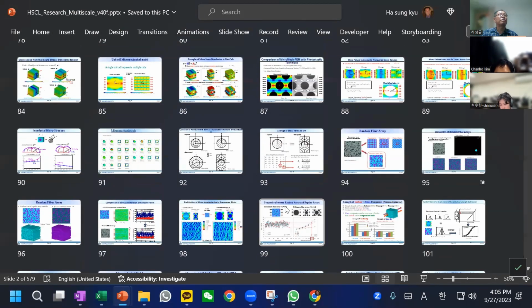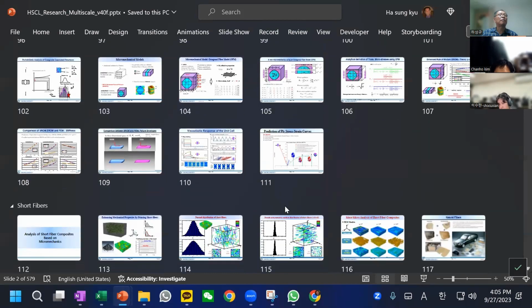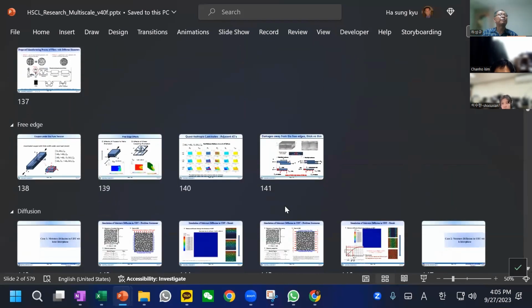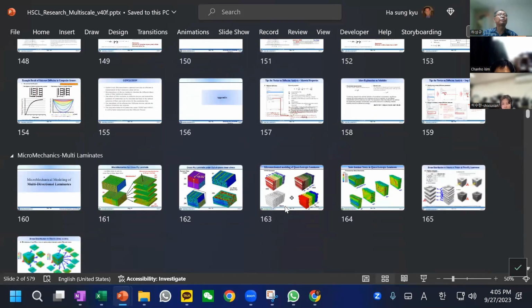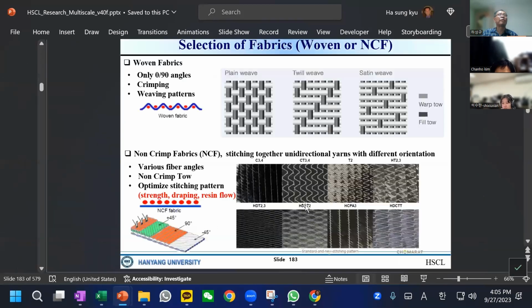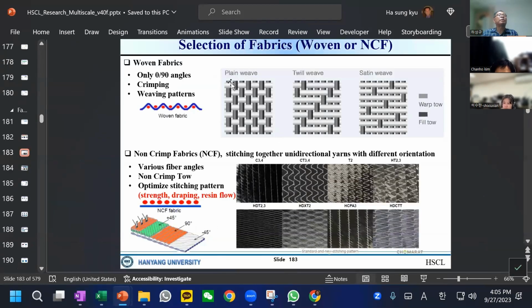For example, like this. This is very much plain weaving and twill weaving and satin weaving, depending on, as I said, up and down and up and down.